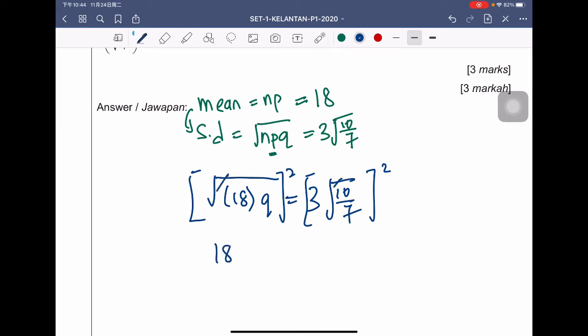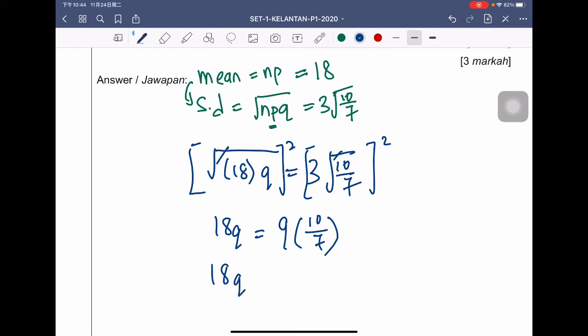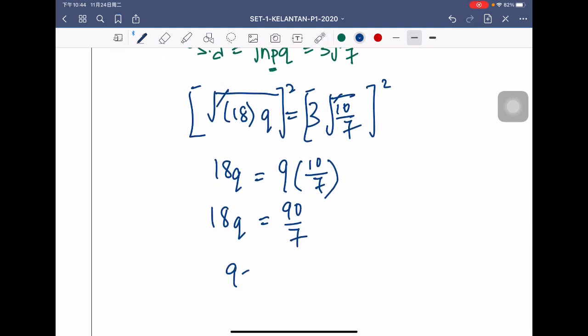So 18Q will equal 9 multiplied by 10 over 7. So 18Q equals 90 over 7. So Q will equal 90 over 7 divided by 18. Okay, so Q is equal to 1 over 7.